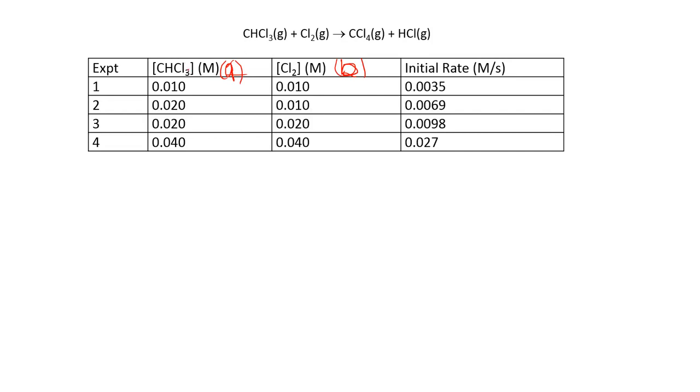For example, here, for reactant A, you can see that we have multiplied this reactant by 2 to move from 0.01 to 0.02. But we have multiplied the other by 1, so we have not changed it.